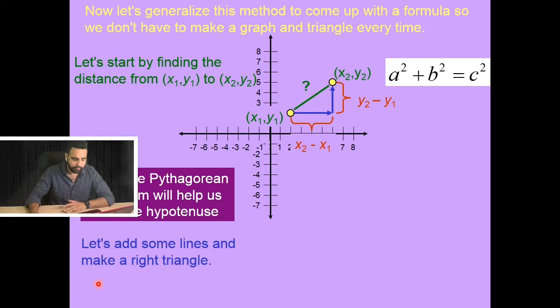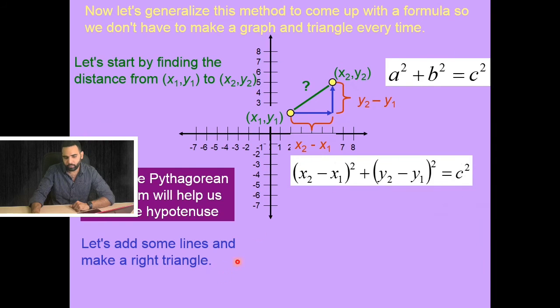We know that the Pythagorean theorem is a squared plus b squared equals c squared, right? So we can just use this formula and replace a by x2 minus x1 and b by y2 minus y1. Let's replace it. So it will be (x2 minus x1) squared plus (y2 minus y1) squared equals c squared.